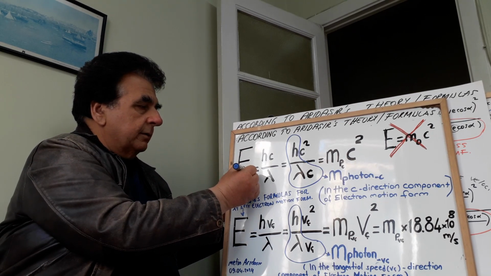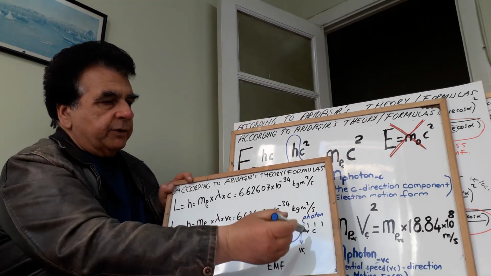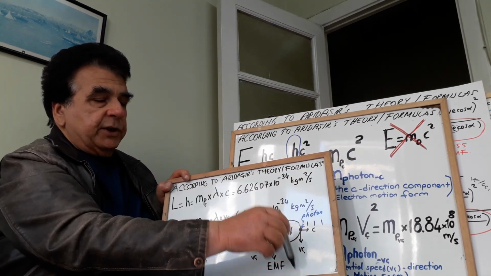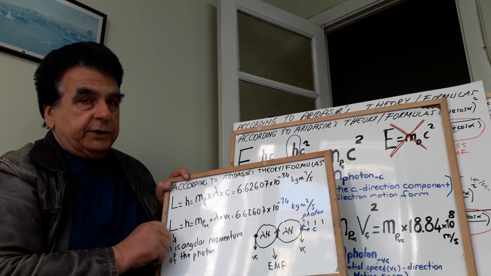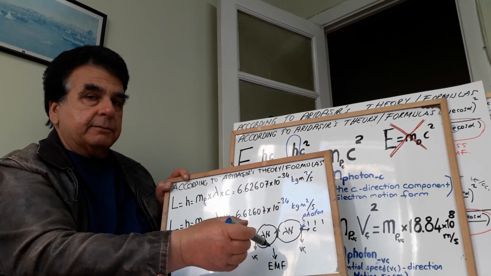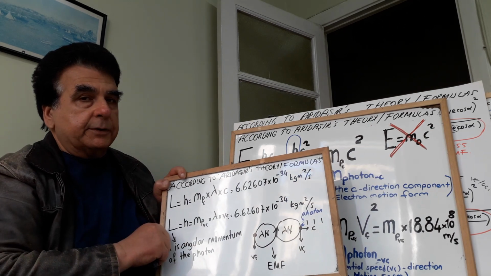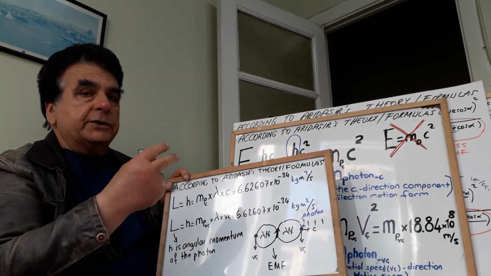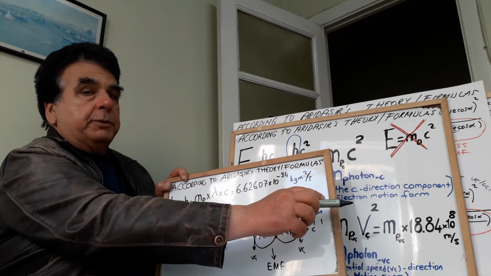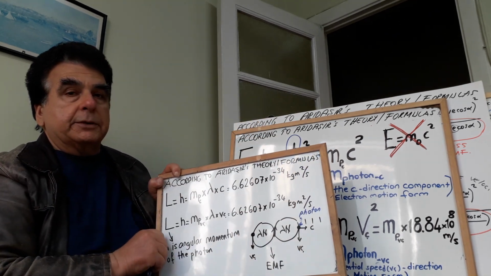Energy in the speed of light direction, energy component or mass, tangential velocity component, energy and mass. Electron motion form has two energy, mass, etc. components. Photon has two energy, mass, etc. components. One of these is the speed of light component and the other is the tangential velocity component.